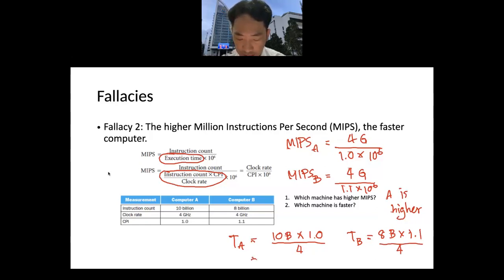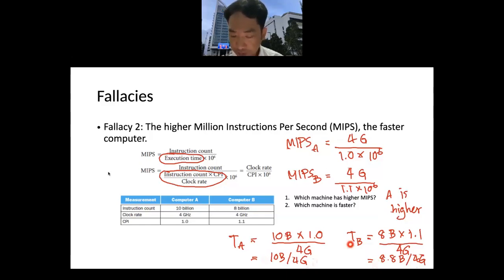Machine A is 10 billion divided by 4 gig, but for machine B it is 8.8 billion divided by 4 gig. You see that the denominator is the same, but the numerator here, 8.8, is less than the numerator here.